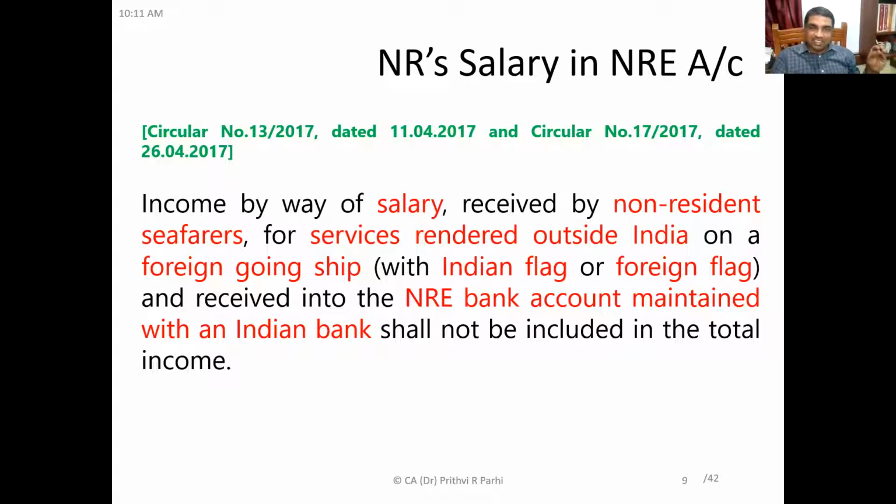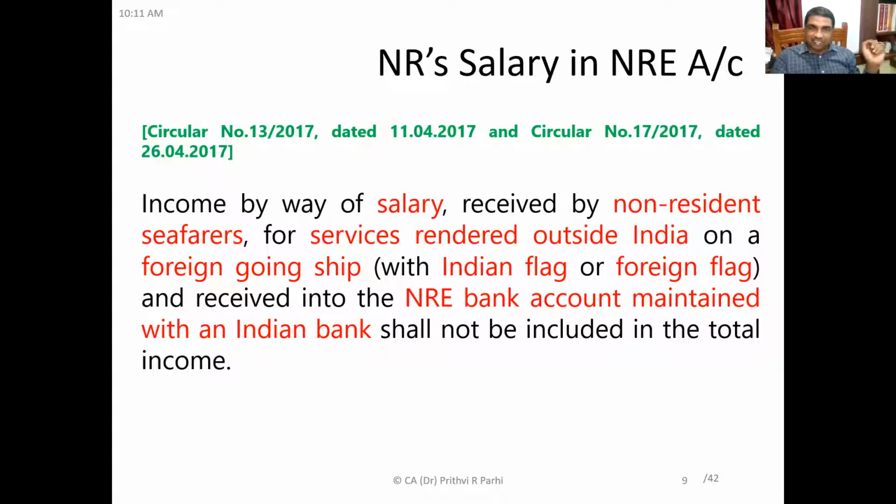That means this salary may be accruing in India, but it will not be included in the total income, provided it is received by a non-resident for services rendered outside India on a foreign going ship, with or without Indian flag, that doesn't matter, and that it is received into his NRE bank account maintained with an Indian bank.